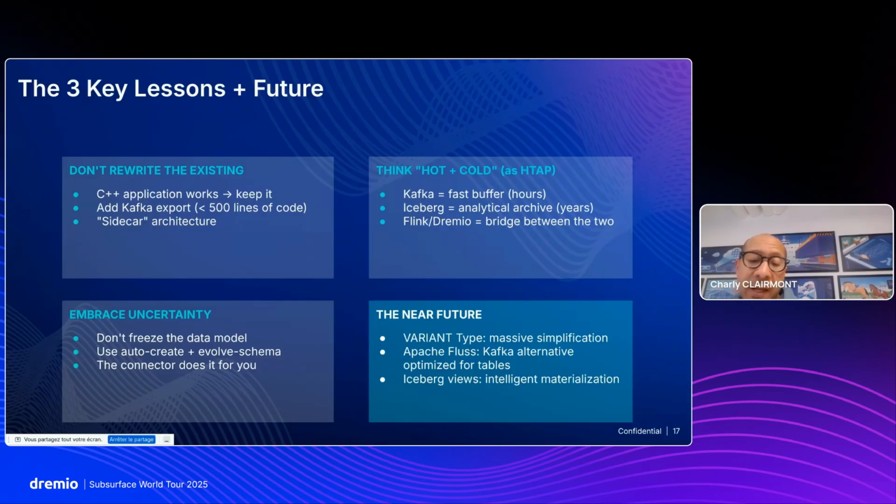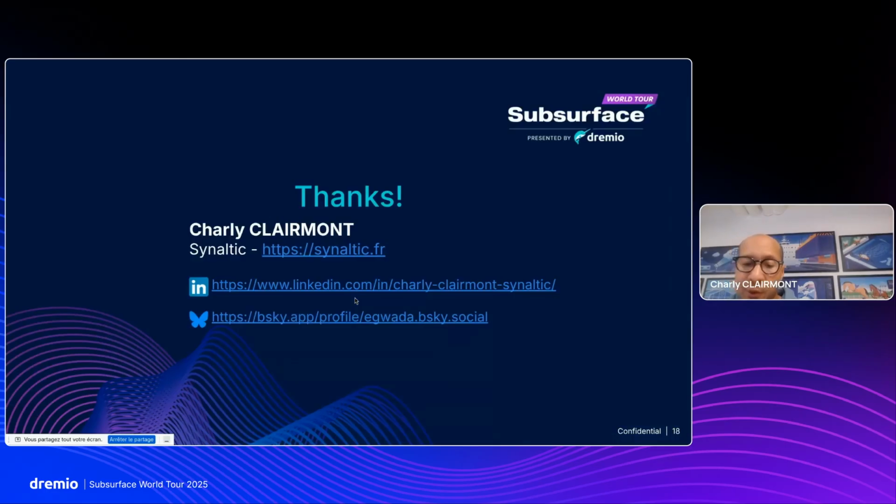And finally, we also appreciate a lot the Kafka Connect Iceberg Sink from Tabular, now in the Apache Kafka project, because it was very magical, as I said, to auto-create and evolve a schema. So my talk is now finished.